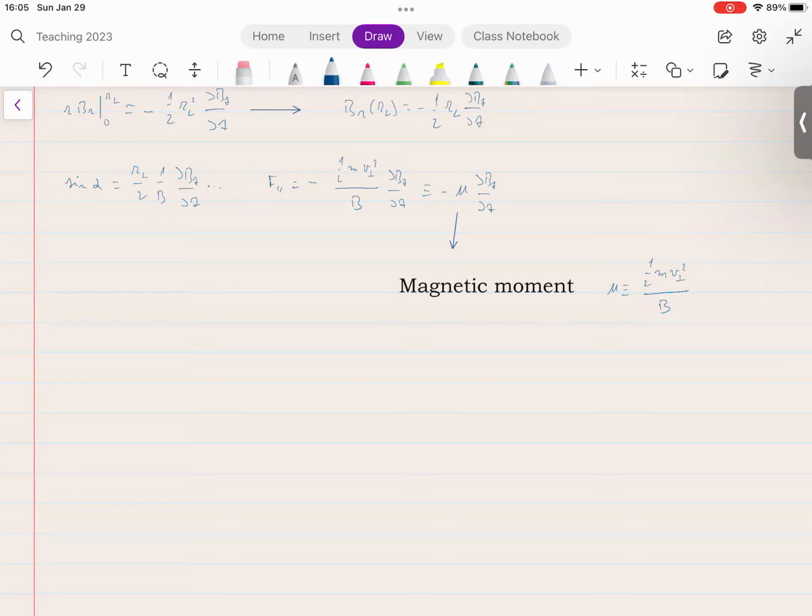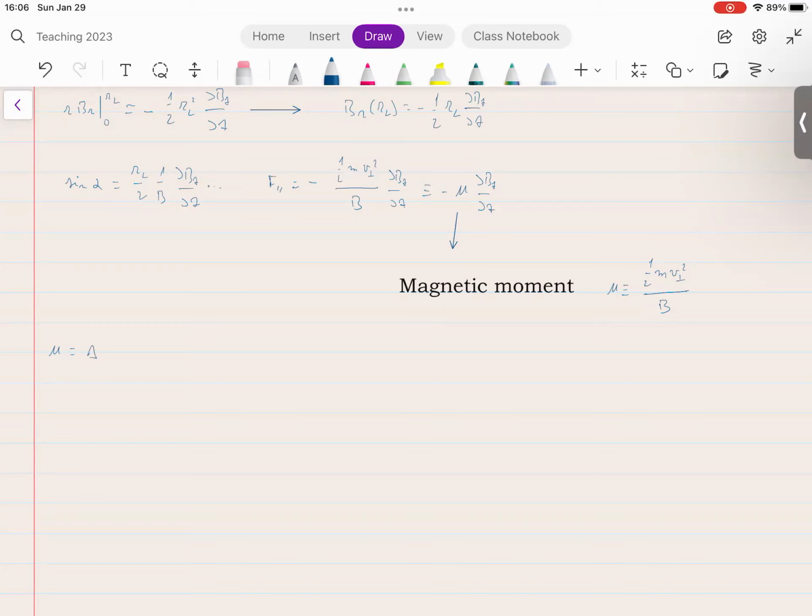Also notice that I can look at the magnetic moment through the definition of a loop current around the area defined by the orbit of my particle along the Larmor radius.